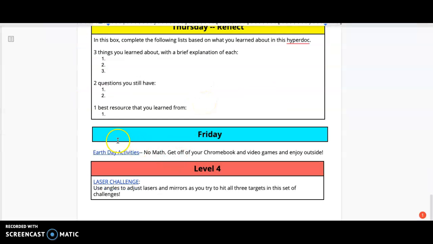Then on Friday, we were supposed to have Earth Day if we were to be in the school building, and we would have been off and doing some Earth Day activities. So we decided to give you a pass on the homework for Friday, and we're encouraging you to get off of your Chromebook, stop staring at a screen, stop staring at the video game, stop staring at Netflix, and go outside and enjoy the weather.